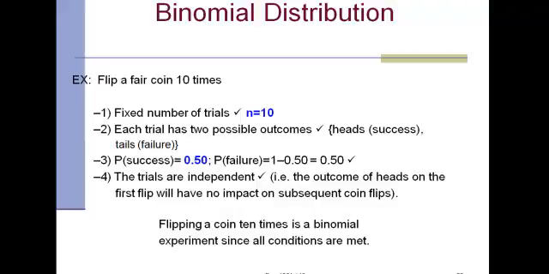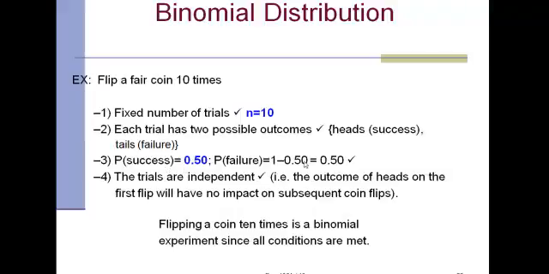The example here is, assume we flip a fair coin, meaning one that's not weighted in either direction. We flip it 10 times. First of all, there's a fixed number of trials, and that's n equals 10. Each trial has two possible outcomes. You're either going to get a head for success or a tail for failure. The probability of success when you toss a fair coin is 0.5.